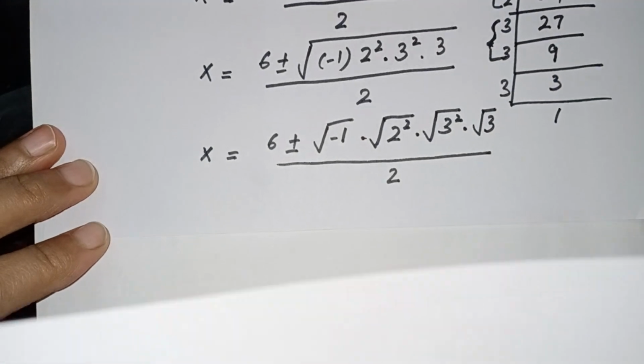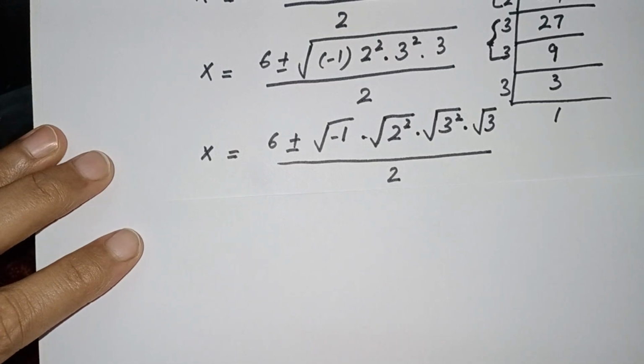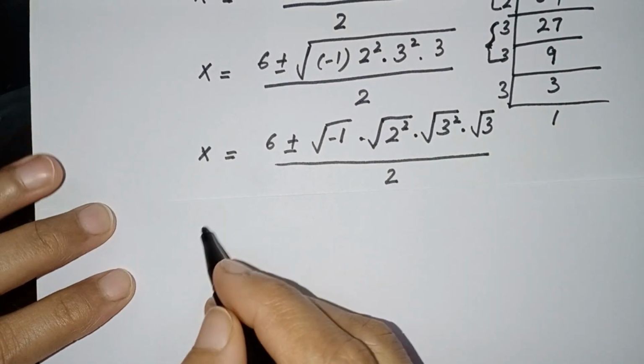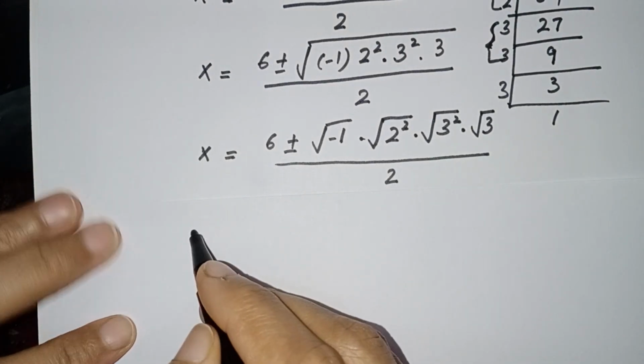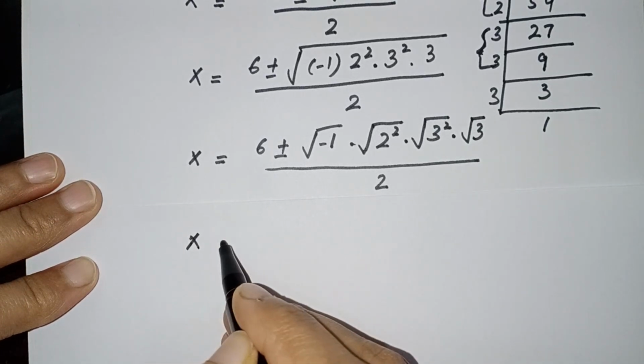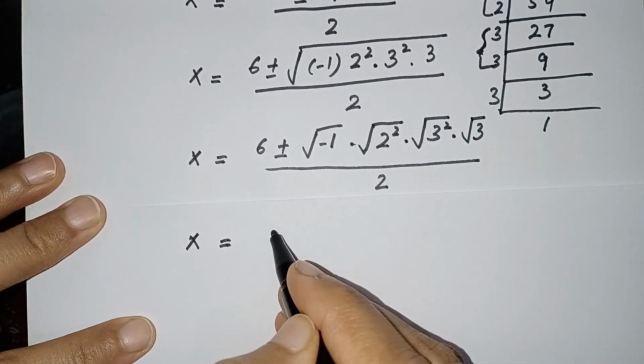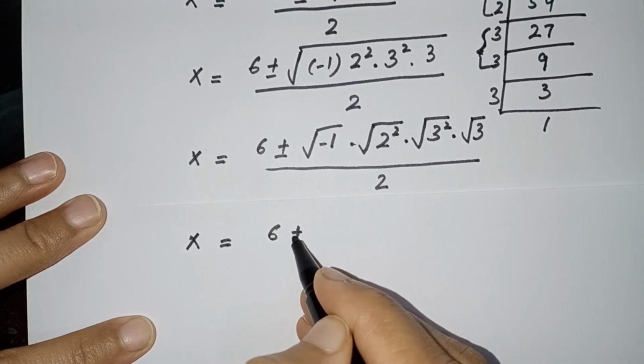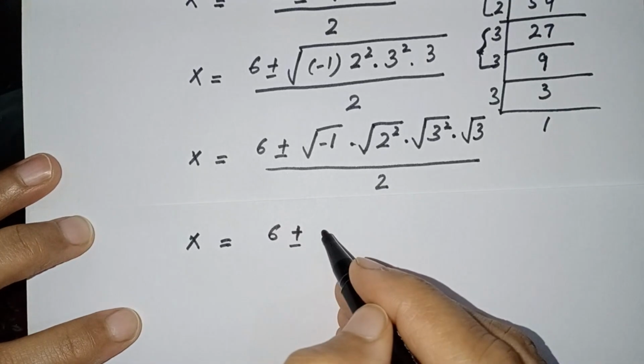So in the next step, x is equal to 6 plus or minus, this square root of minus 1 is i.